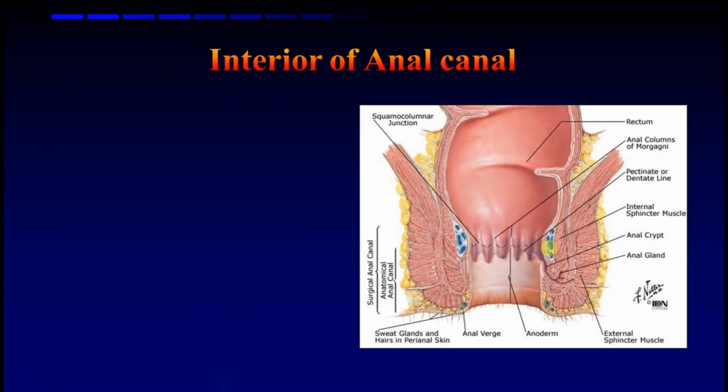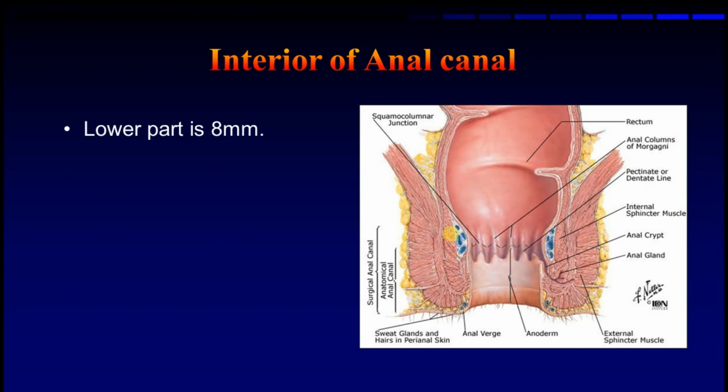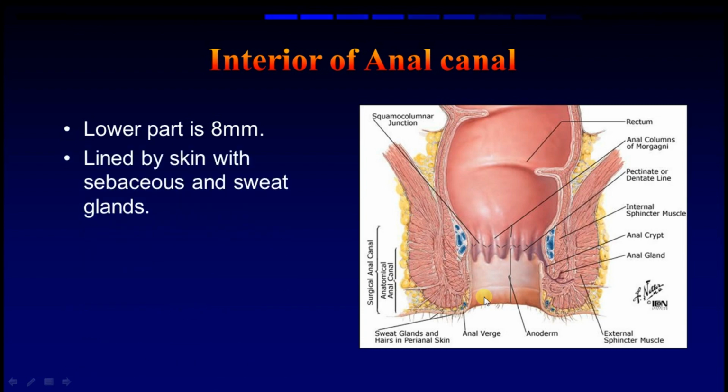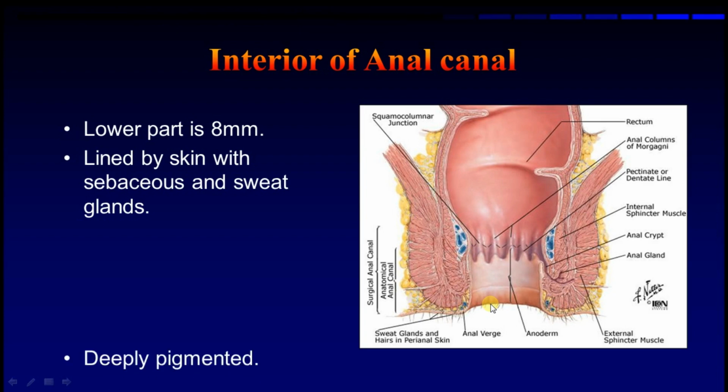Now, the lower part, 8 mm, is darkly pigmented and is developed from the proctodeum, an ectodermal derivative. It has all the modalities of the skin, with sebaceous glands, sweat glands, and in males you also see coarse hairs.